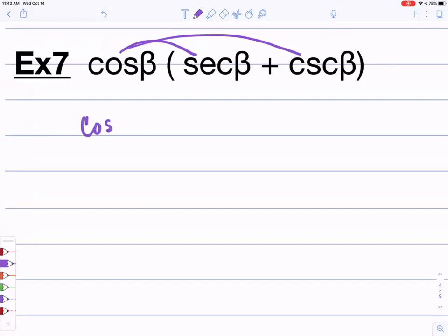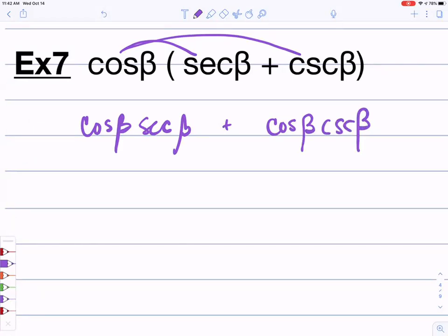So we've got then the cosine of beta times the secant of beta plus the cosine of beta times the cosecant of beta. What do you know about cosines and secants?